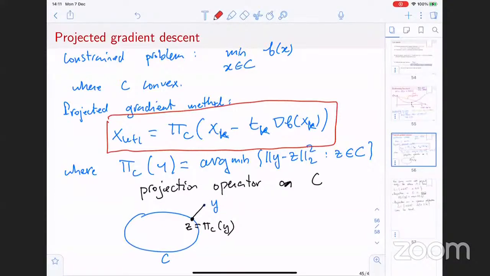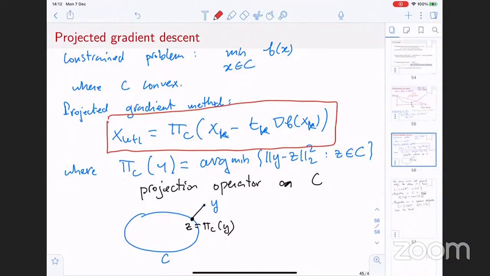You use a certain property of the projection operator, the fact that it's non-expansive, meaning that the norm of the projection on C of y1 minus the projection on C of y2 is less than the norm of y1 minus y2. Using this fact and related facts, you can adapt the proofs that I've given.